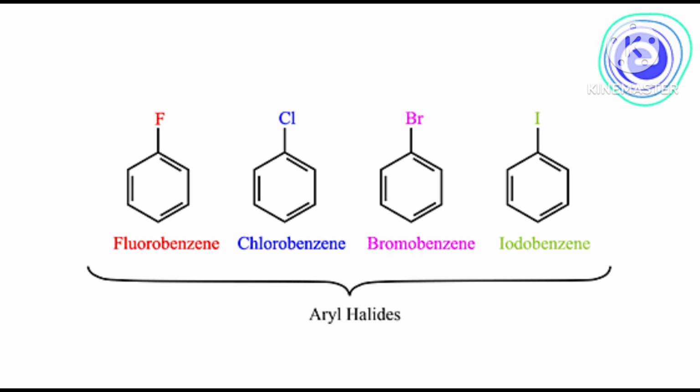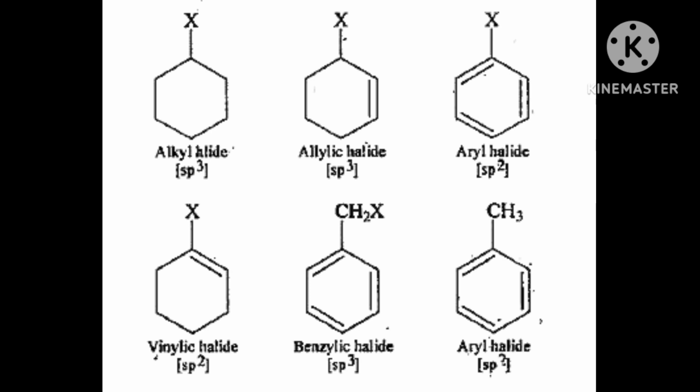Hexane means all carbon bonds will be single. But if you are telling hexene, it means at least one double bond is there. Then in cyclohexene, in a cyclic form, one double bond is there, and in that X may attach.